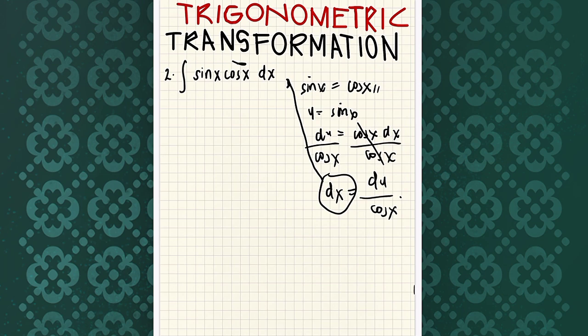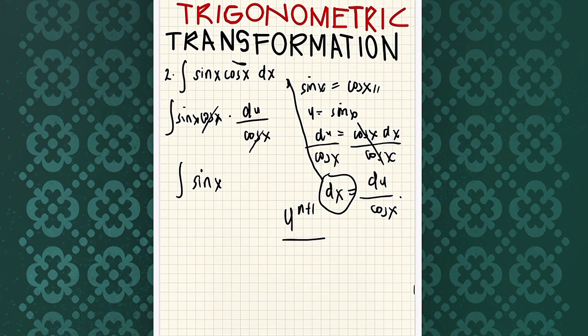So the integral of sine x cos x multiplied by du over cos x. This will be cancelled out, so the remaining will be u. Right here we can use the power rule, right? u raised to n plus 1 over n plus 1 plus c.